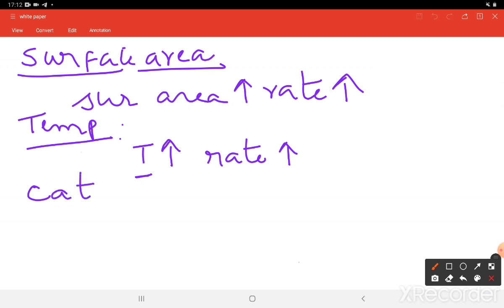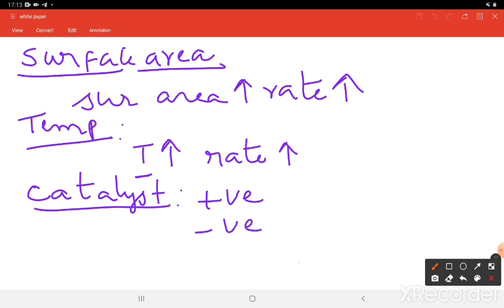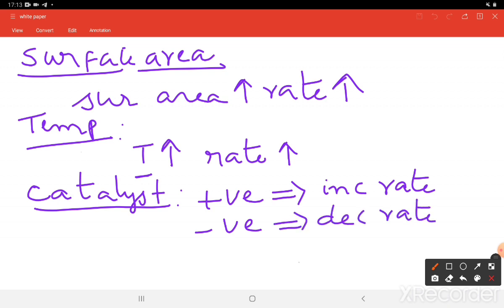And the next factor is catalyst. Generally, two types of catalyst we will discuss: positive catalyst and negative catalyst. Most of the catalysts are used for a positive increase in the rate. So positive catalyst increases rate of reaction, negative catalyst decreases rate of reaction.